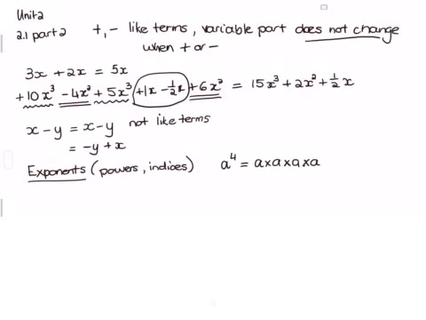So if I have 4a, that is not an exponent, that means add it to itself 4 times. So let's look at an example for each. If I had 2 to the 4, then I meant 2 times 2 times 2 times 2, which gives me 16.